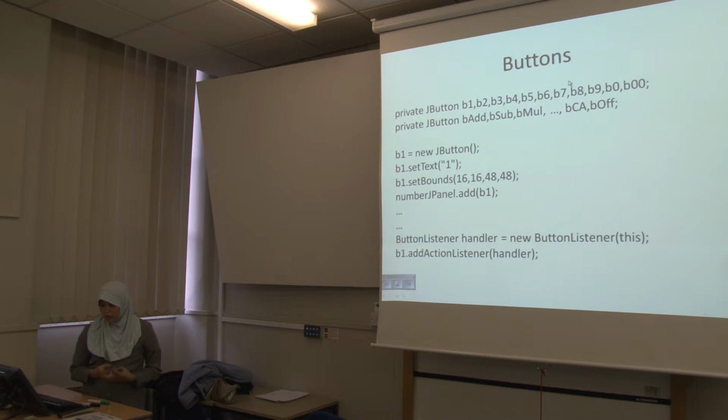Because the user does something with the buttons, we will also need a button listener handler. This is the one that AWT uses. I don't know what AWT stands for, I just use AWT.